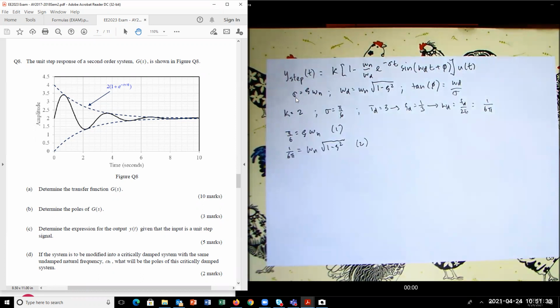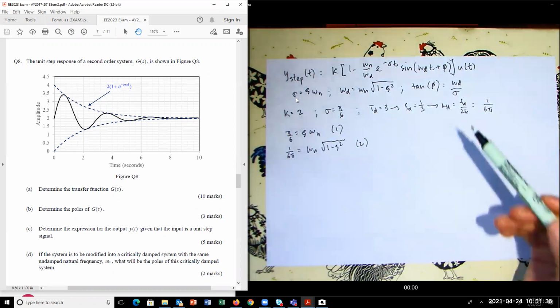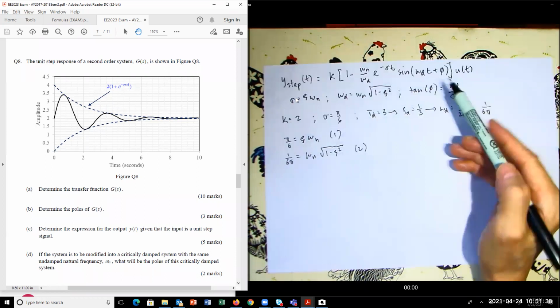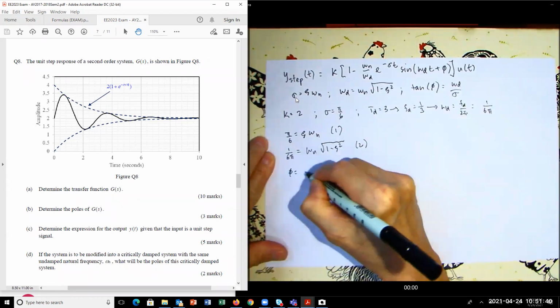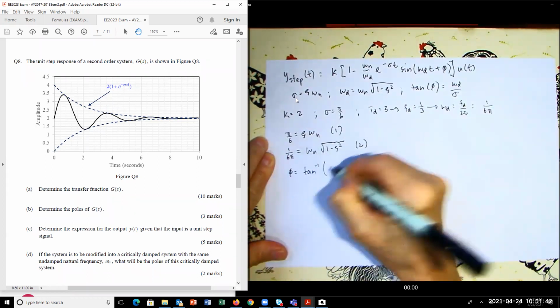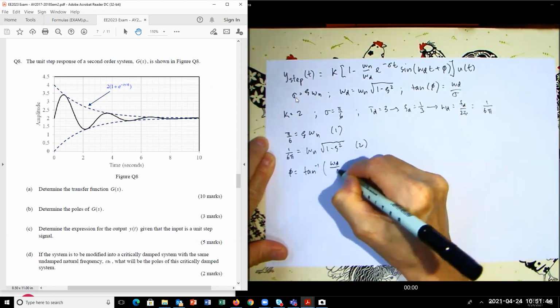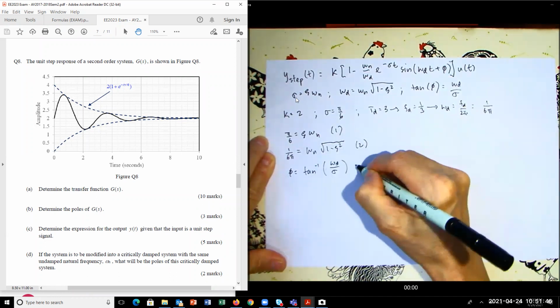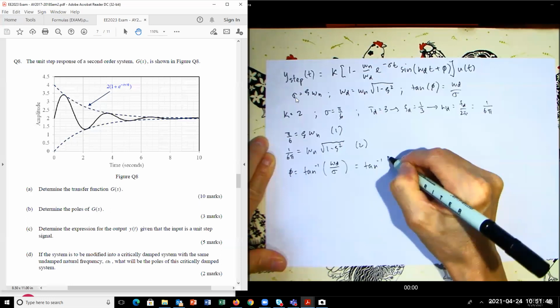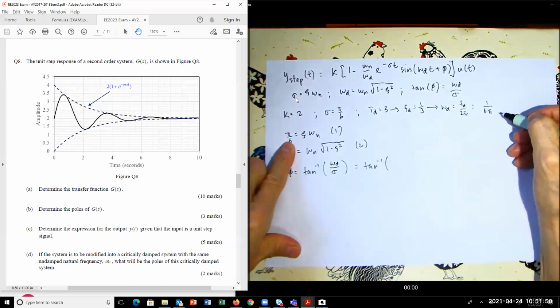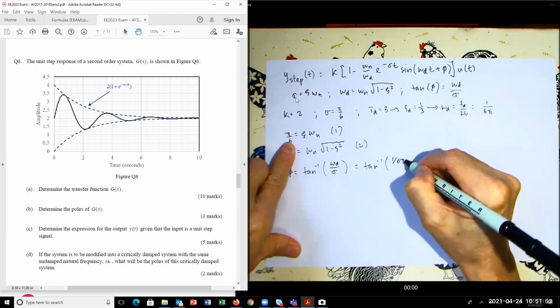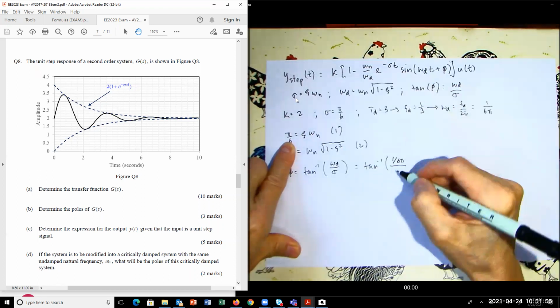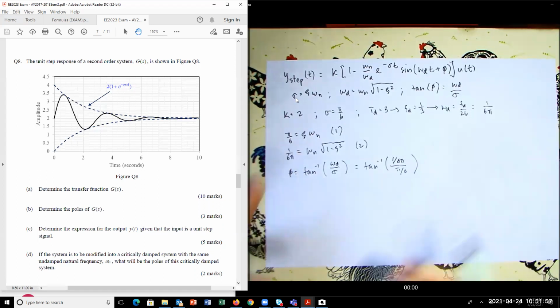And finally, to find phi will be arctangent of omega d over sigma. Omega d is known, omega d is 1 over 6 pi, and sigma is pi over 6. You can work it out. I don't have to do all the details, I'm just telling you all the steps.